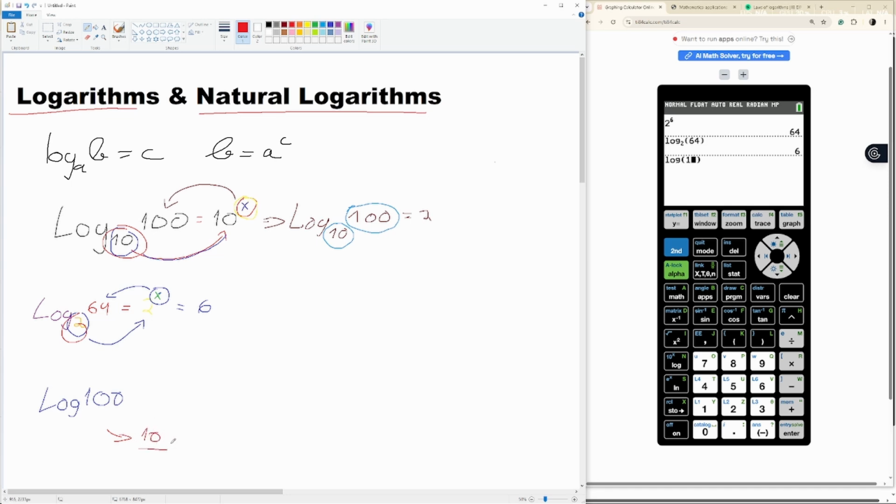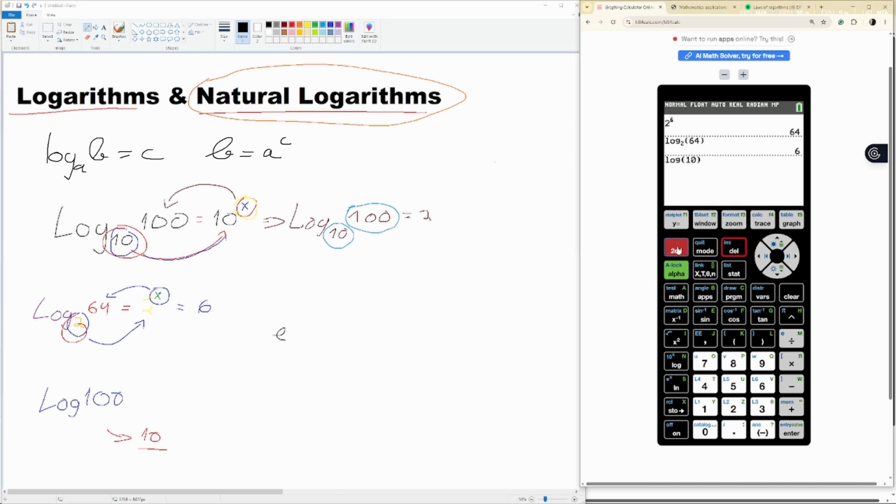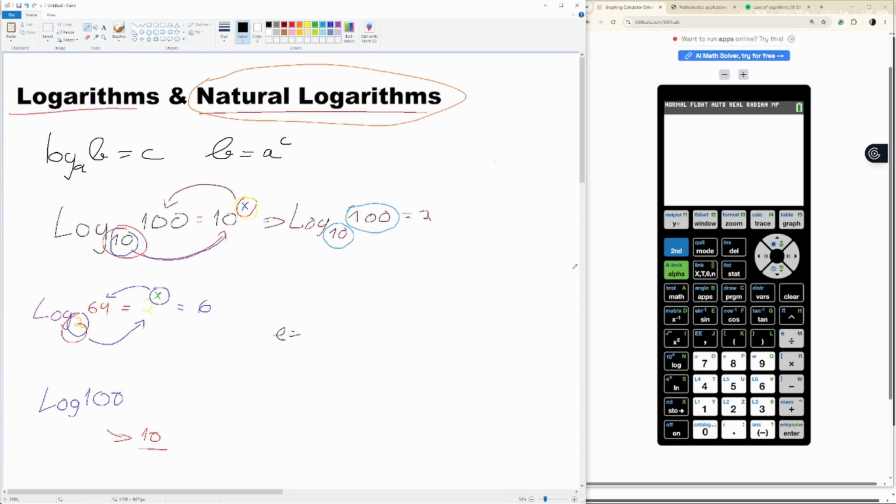And that almost concludes it. And most of you are also wondering what natural logarithms are. So most of you know, or if you haven't now, we have Euler's number e. And e can be typed on your calculator as well, and to get the value of it you can press second and the division symbol, you get e.